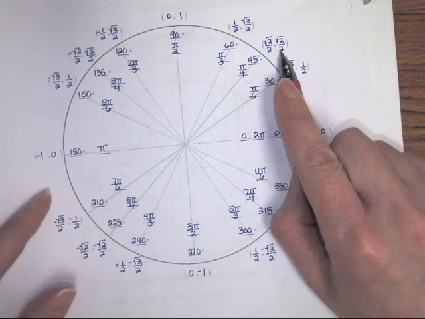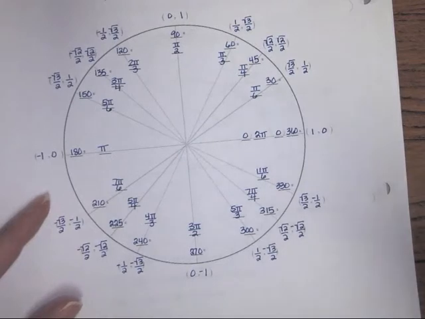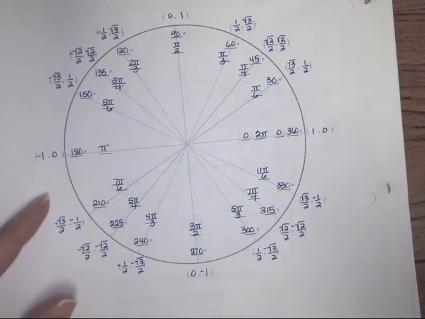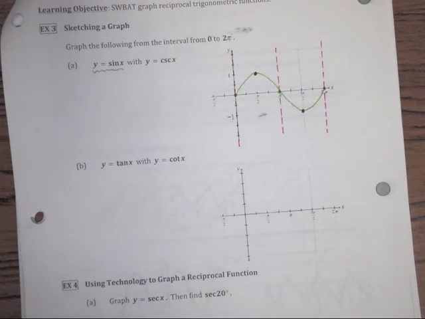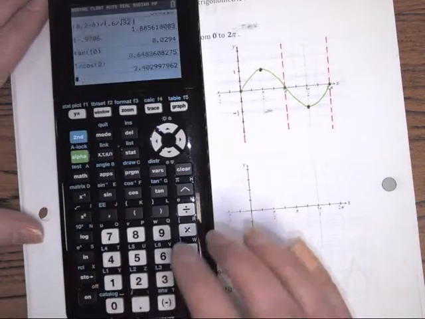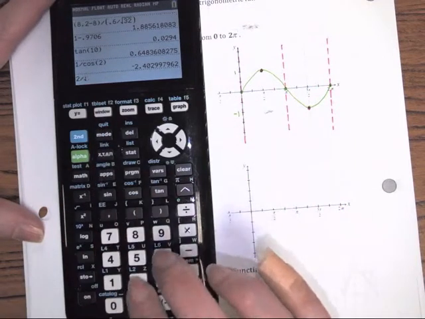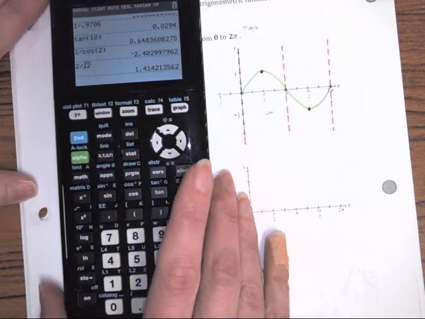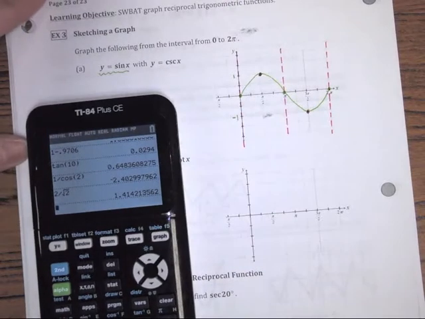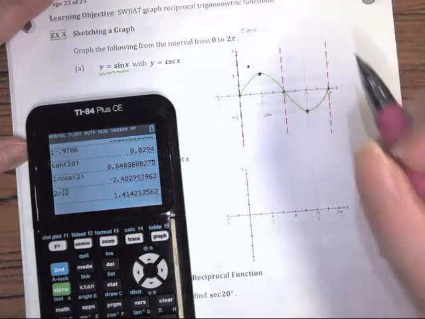So 1 divided by the square root of 2 over 2, which is 2 divided by the square root of 2. All right, we need that as a decimal so we can graph it. So 2 divided by the square root of 2 is 1.41. So maybe right about there.